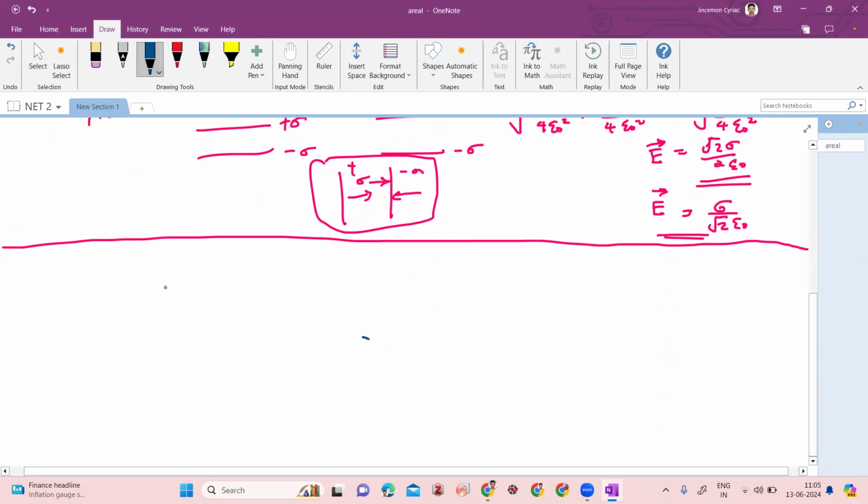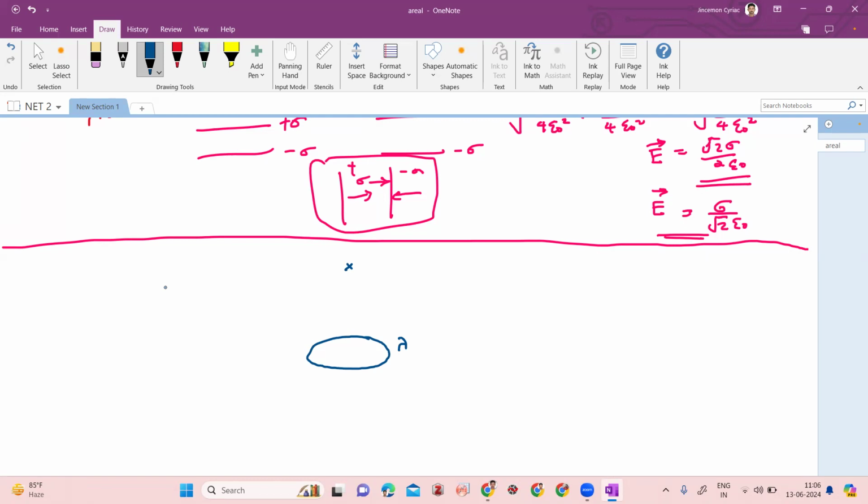The circular ring is given, and here is its axis, with a uniform charge density lambda. Let lambda be the line charge density of this circular ring. We want to find the potential at this point.